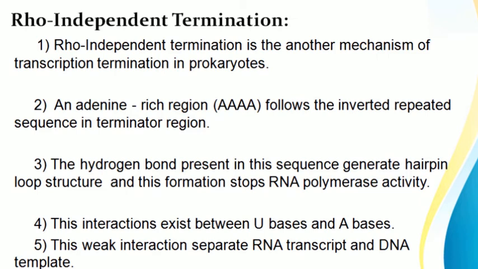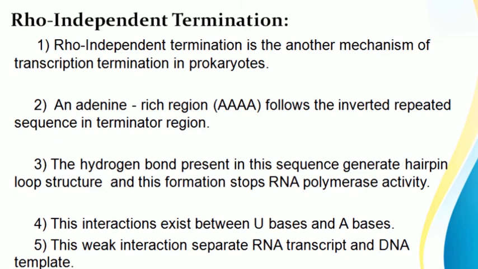Because the two areas in the inverted repeated sequence region complement one another, the hydrogen bonds present in this sequence generate a hairpin loop structure, and this formation stops RNA polymerase activity.